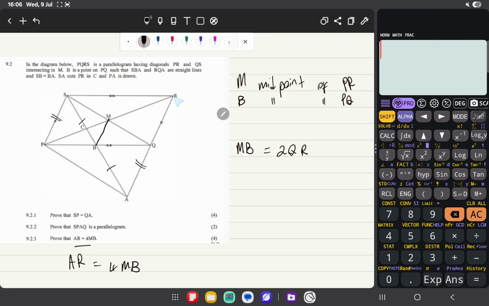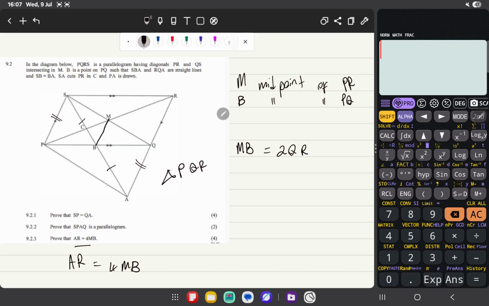Here is QR. Here is MB. So in that way, our focus is in triangle PQR, where we have this line, right? This theorem comes from the midpoint theorem.